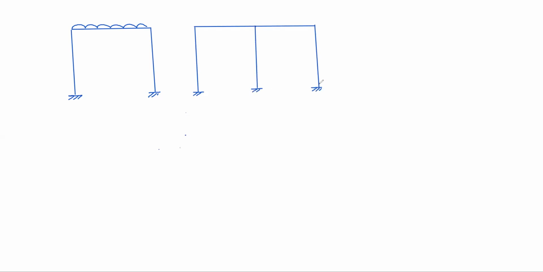Similarly, beams like this. Sometimes, so here, okay.